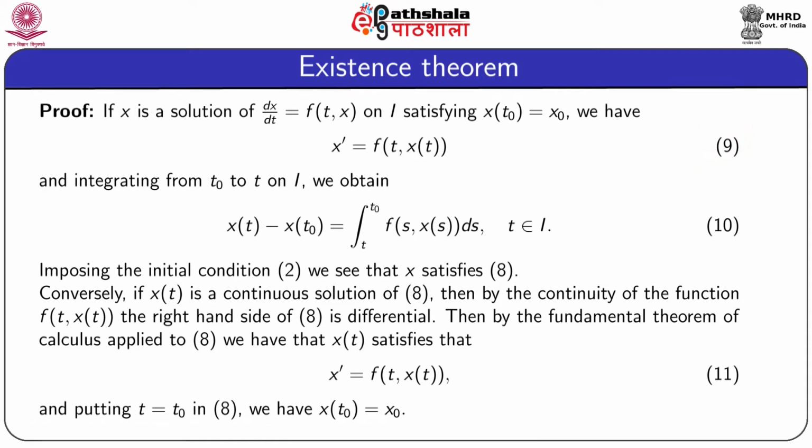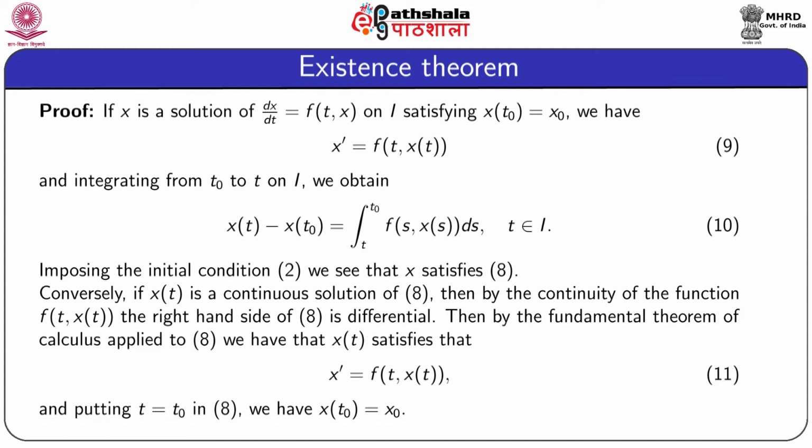Integrating 9 from t 0 to t on I, we obtain x t minus x t 0 is equal to the integral from t 0 to t of f s, x s ds, where t belongs to I, given by equation number 10. Now, imposing the initial condition 2, we see that x satisfies equation 8.